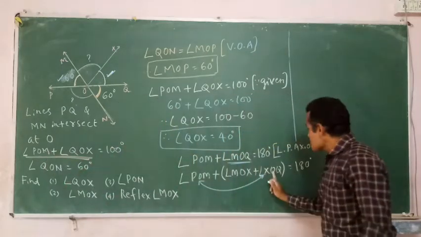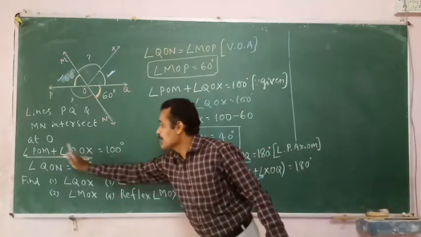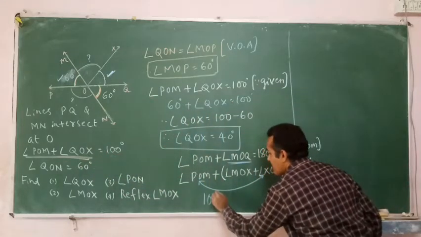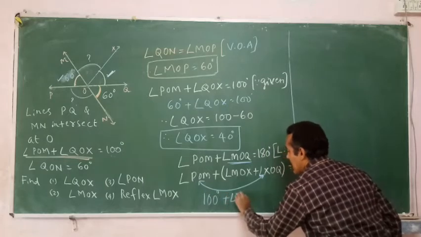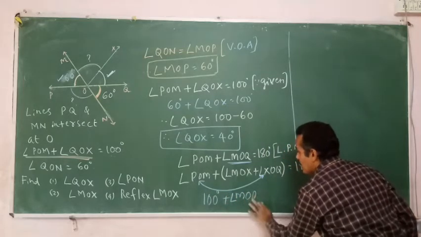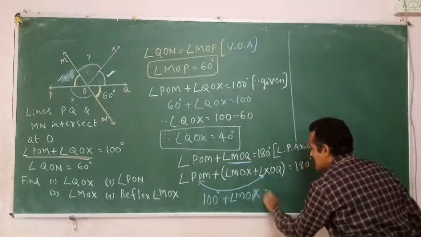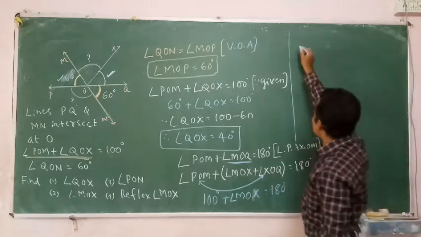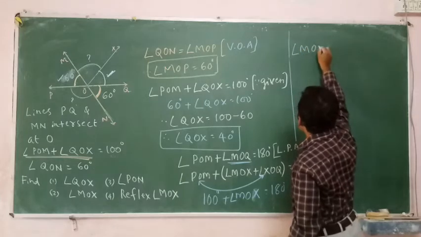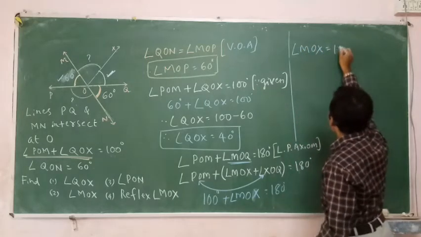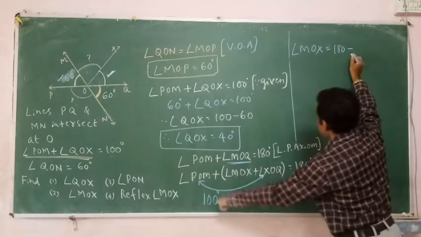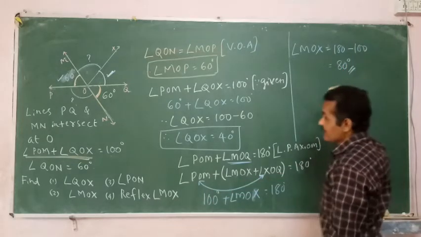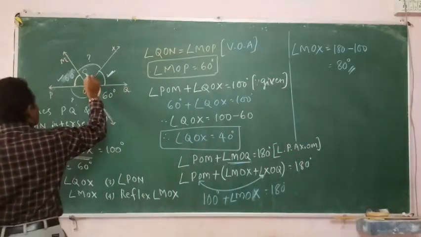POM, XOQ together is 100 degree. I can say sum of these two is equals to 100 plus angle MOX is equals to 180. I can keep MOX there itself. Therefore, angle MOX is equals to 180 minus 100. That gives you 80 degree. You got this angle as 80 degree.